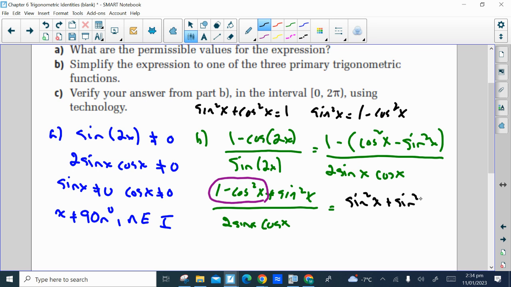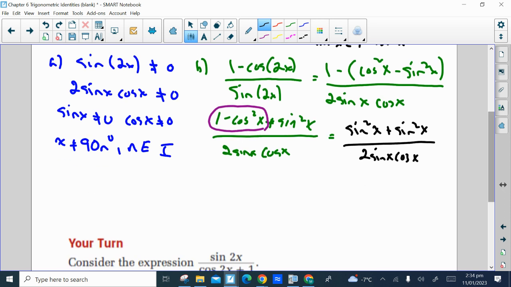I have another sine squared x term on top. And we can combine those two sine squared x's together. One sine squared x plus another one will give us 2 sine squared x's. And now, because we have a single term on top and a single term on the bottom, now we can start to do some canceling. We can divide top and bottom by 2.